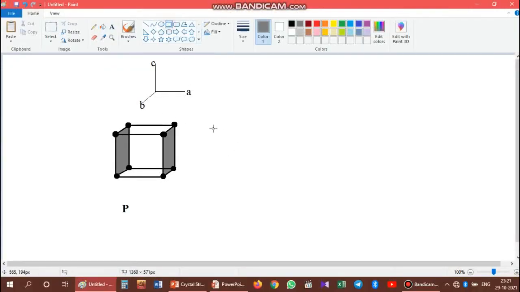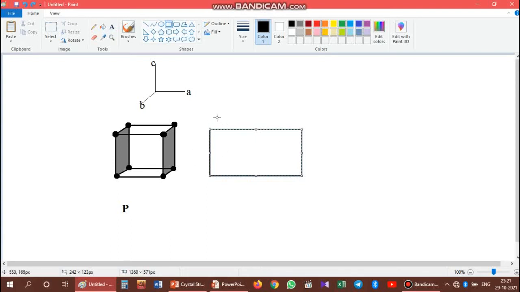Just draw a rectangle, but the rectangle should have its length double than its breadth. Okay, it should be like this. This is the rectangle, but the length is double than the breadth.